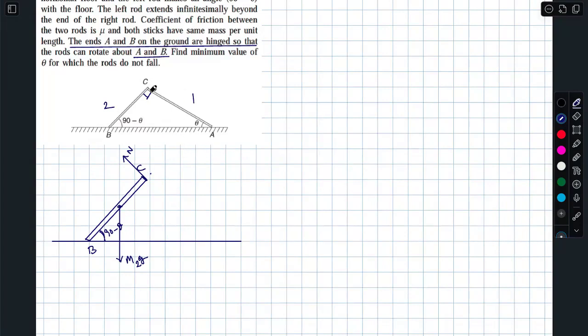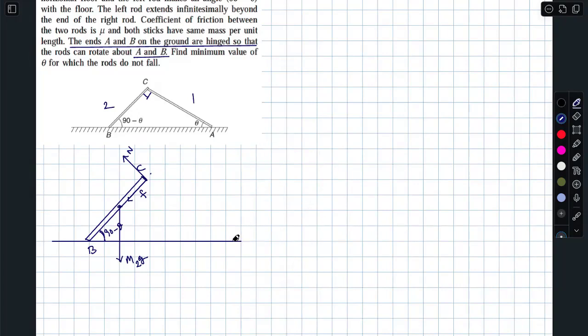Now this particular rod CA, BC will not allow CA to go down. So on CA, it will apply force upwards, friction. The frictional force is downwards, like this.